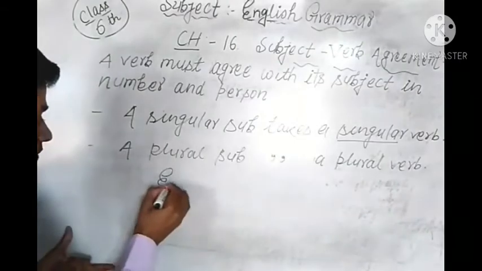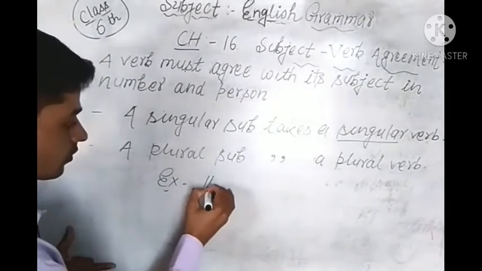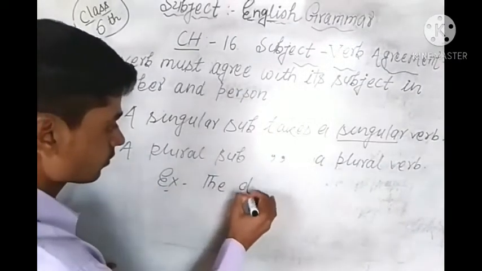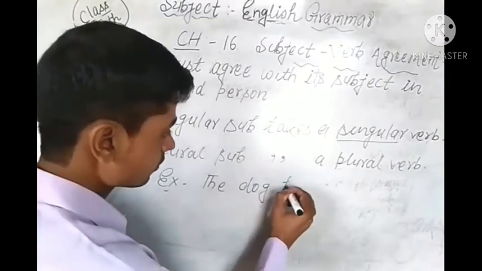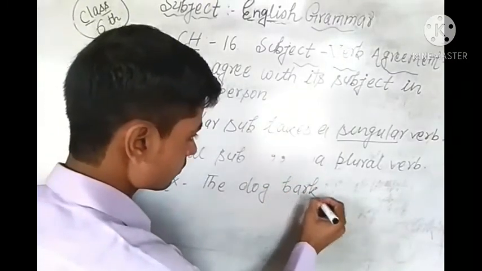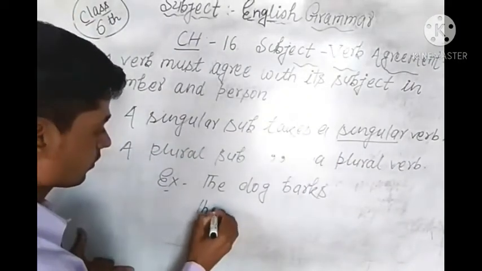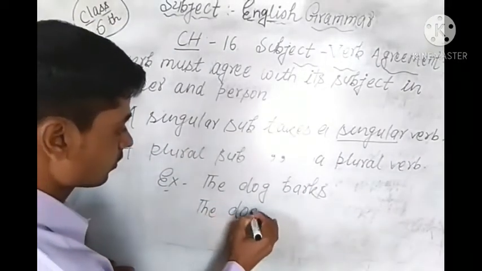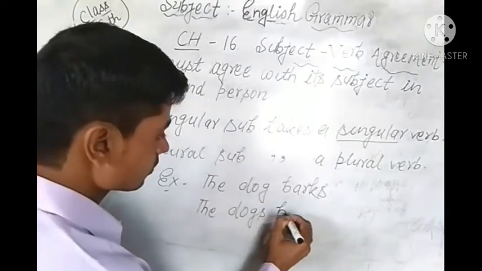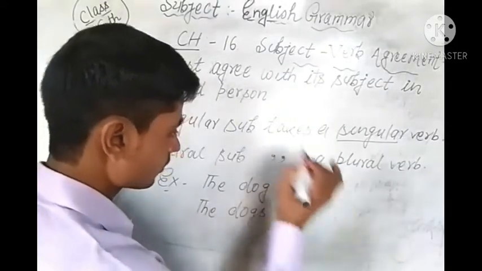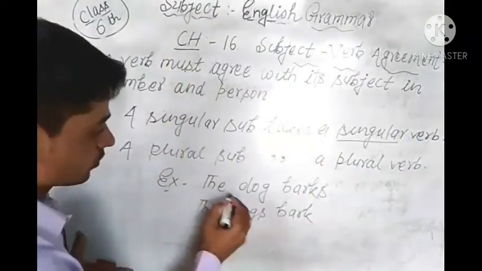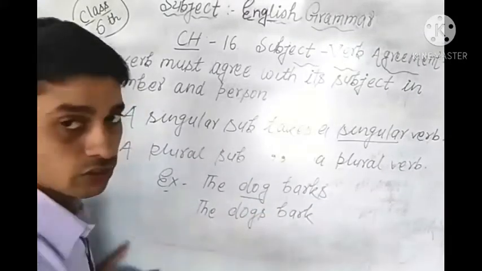Just look at the example. The dog barks. Second, the dogs bark. What is the difference? In the first sentence, the dog is singular.